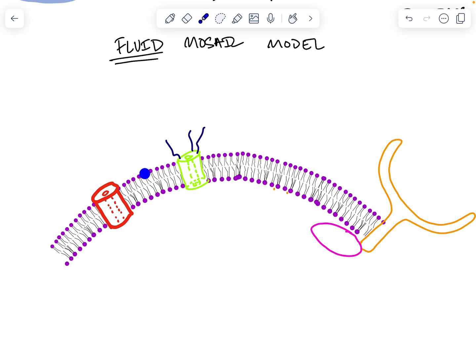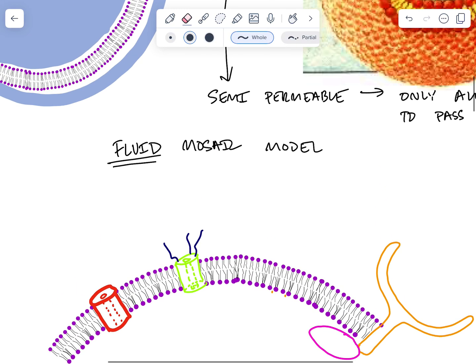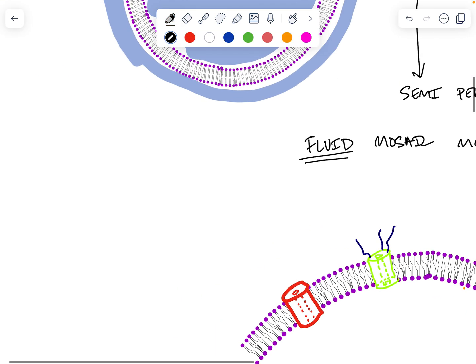So this phospholipid might be over here when we start a timer. If we were to label it, like radioactively label it with a tag, and then we wait 5 minutes, we find out that 5 minutes later, this phospholipid is actually over here. It's moved within the cell membrane. So nothing within the cell membrane is fixed. Everything is moving around.